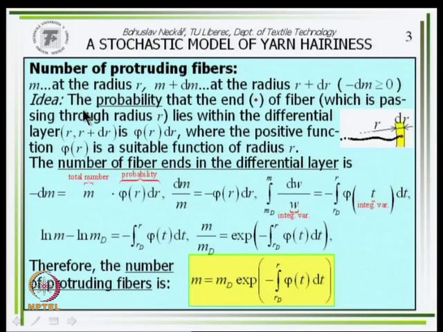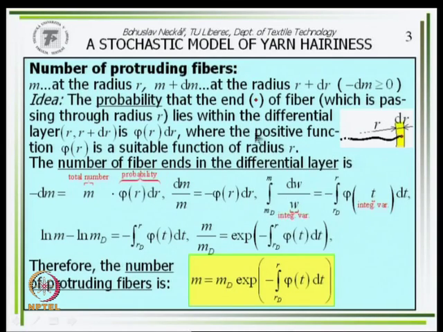The probability that the end of a fiber which is passing through radius r lies within the differential layer between r and r plus dr. The differential layer is a known imagination. We know it from the helical model, the first time, isn't it?